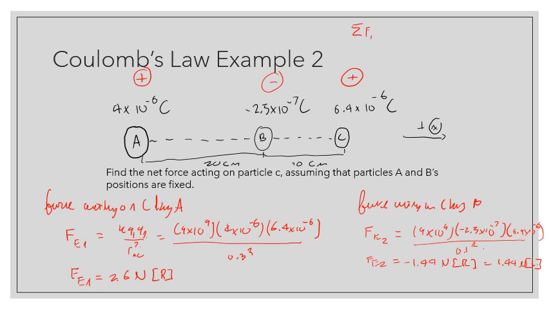Net force is equal to F1 plus F2, so that's equal to 2.6 minus 1.44, which comes out to be 1.16 newtons to the right. For sig figs, there are 2 sig figs, so therefore the net force acting on C is 1.2 newtons towards the right.